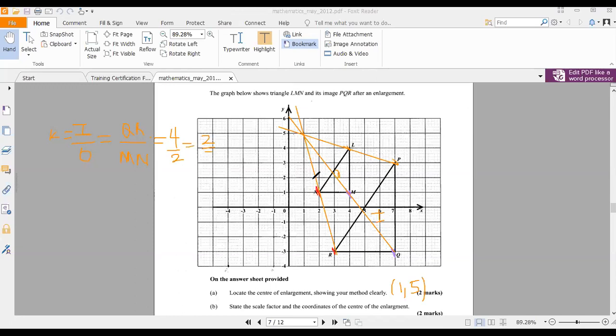Now remember, somebody can use the other side: 1, 2, 3, 4, 5, 6. The person will use 6 over LM, which is 3. That brings back the same result, 2. So if somebody decides to use PQ and LM, they get back the same result for the scale factor. Any question on that?